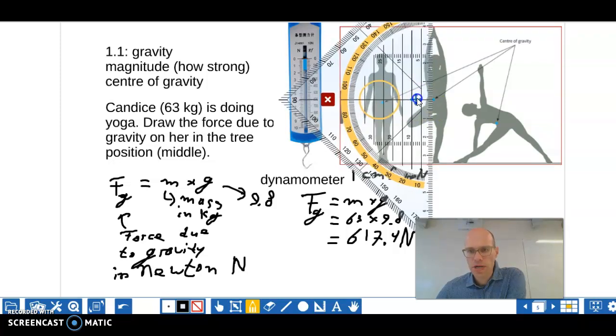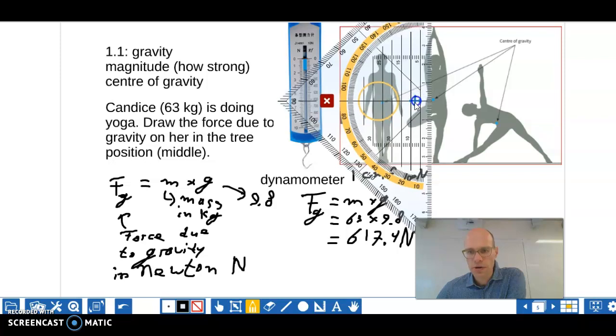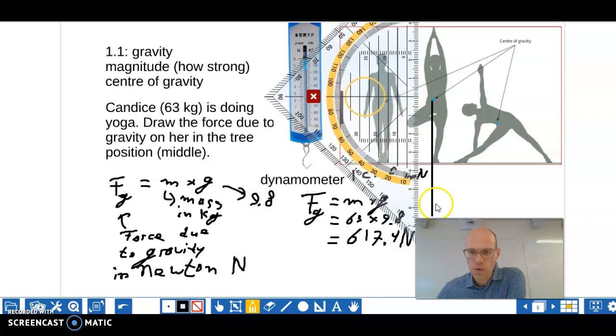You can't do it precisely, do it as well as you are able to, and then you are satisfied that this is the best you could do. And if you are within a few millimeters, it's fine. I can't do that as well. So here we are, and the point is included. There we are. So this is the force of gravity.